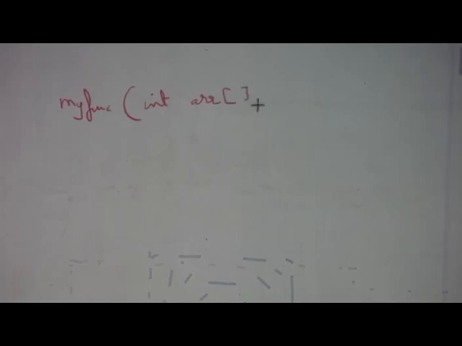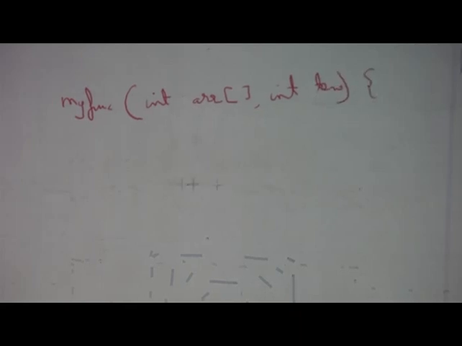Let's say there is a function, let's call it myFunc. It takes an int ARR as a parameter and perhaps another parameter called length of the array. And you do all kinds of stuff.